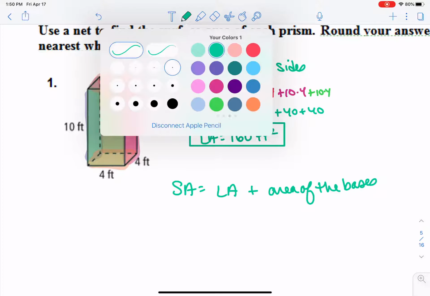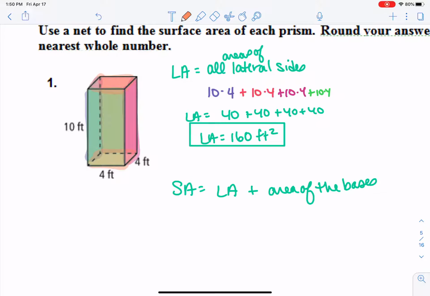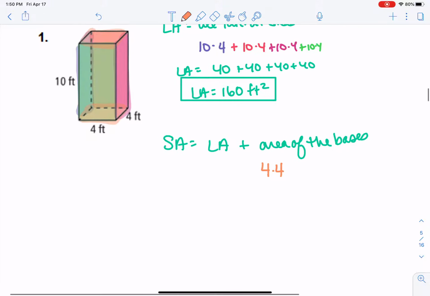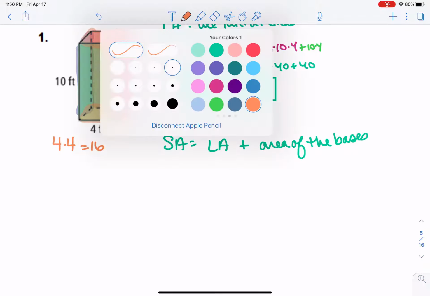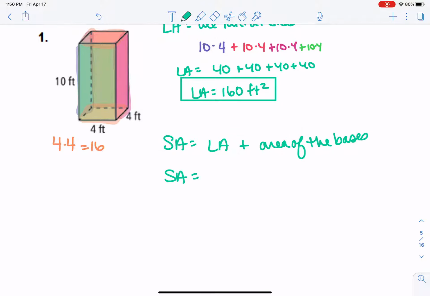So this orange square is 4 times 4. And so that gives us 16 for the area of one base. So the surface area is just the lateral area, which is 160, plus one base, plus the second base. And that gives us 192 feet squared.